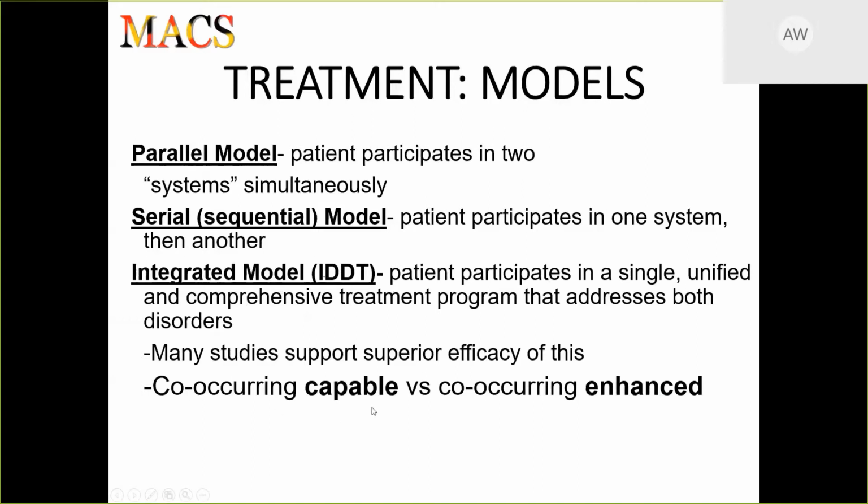People may have heard these terms. When you're talking about co-occurring treatment, places that are co-occurring capable versus co-occurring enhanced, just really speaks to the level of treatment and the level of training of the staff, what they're able to offer someone with what level of mental health and addiction.